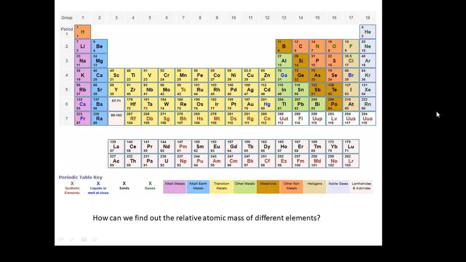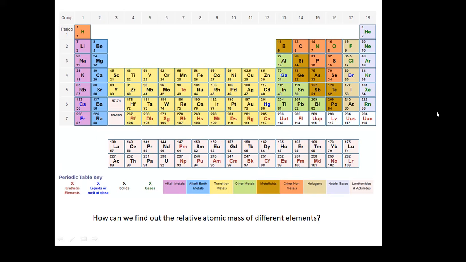How do you find out the relative atomic mass? Well, you look it up on a periodic table. You should have a periodic table by now, and it's the big number. The big number is the relative atomic mass. The small number is the atomic number, or the proton number. In this particular table, it gives you them all as whole numbers.